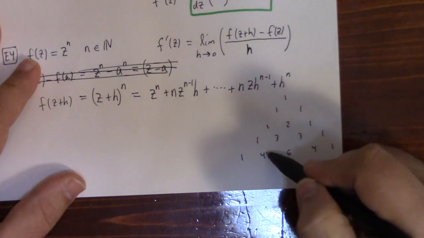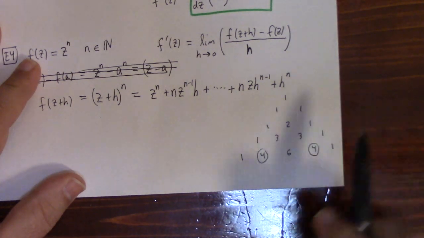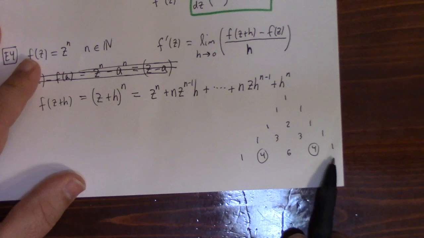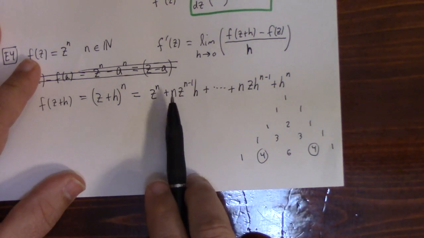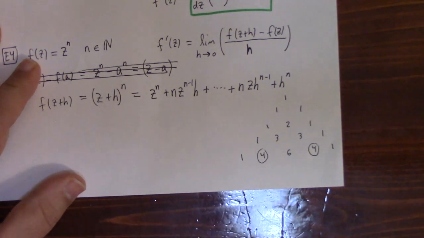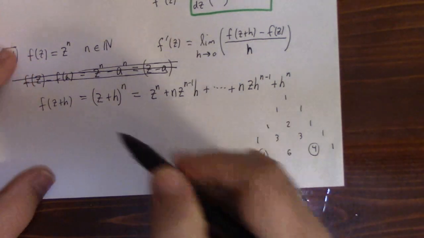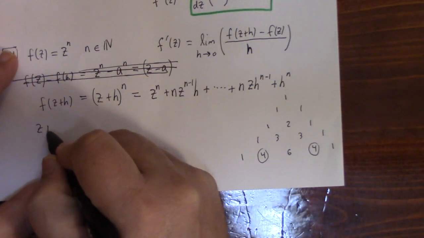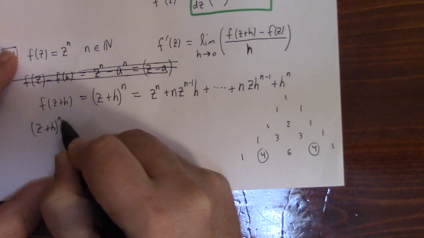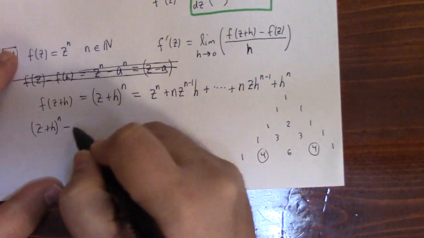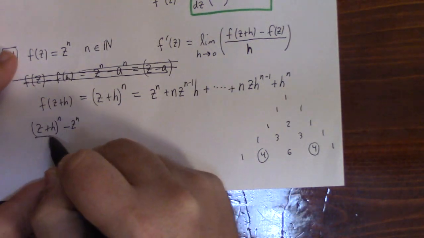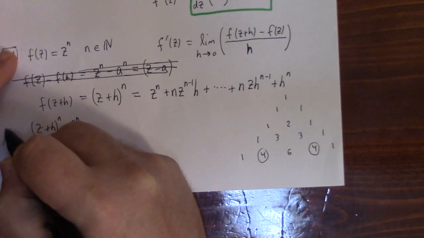The next to leading and the next to last coefficients are always n. That pattern continues. And so when we look at z plus h to the n minus z to the n all over h, and we take the limit of that, what happens?